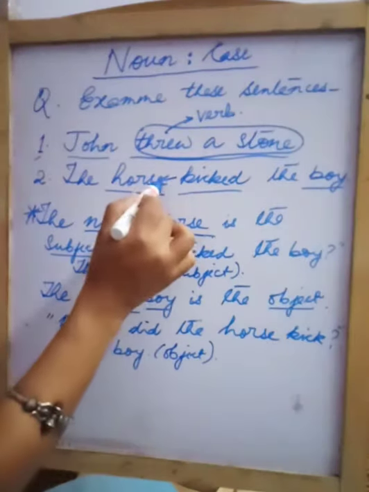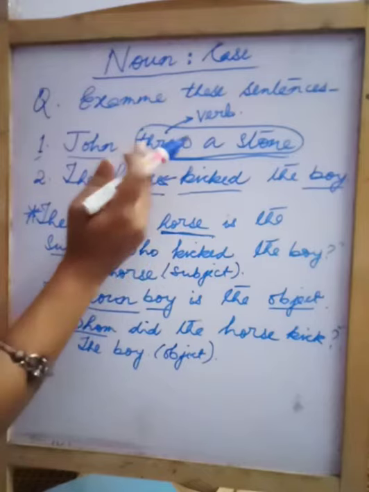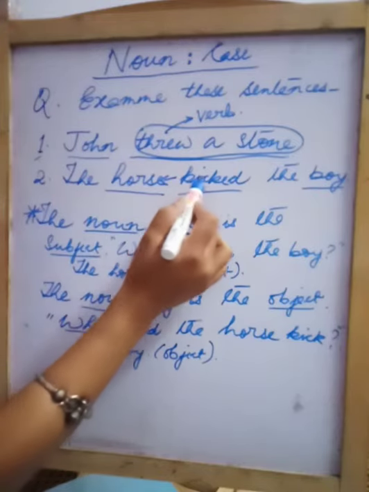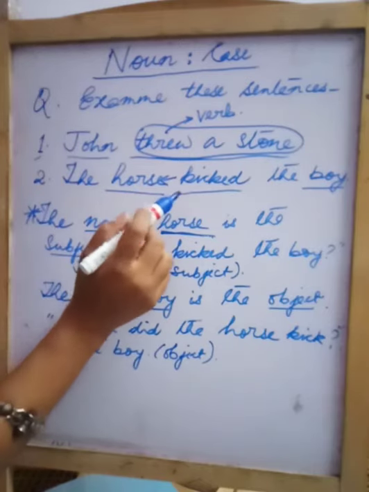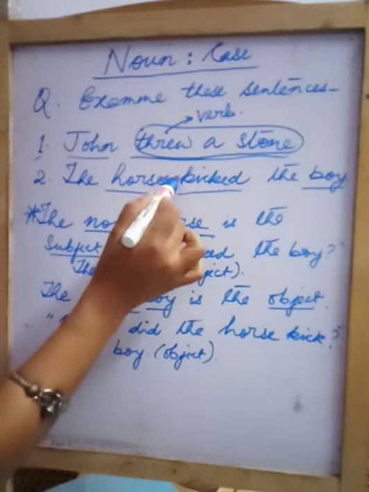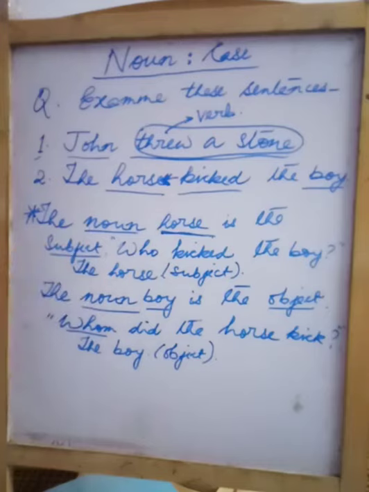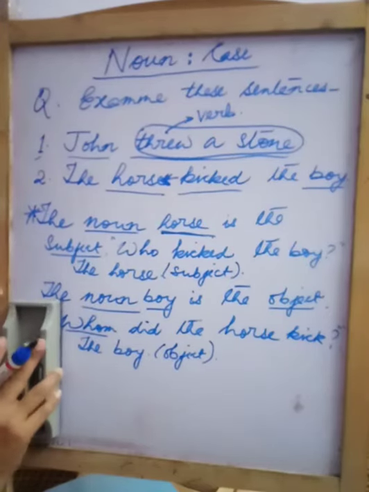Horse is preceding the verb. When the noun or pronoun is the subject of a verb, in such case, it is said to be the nominative case. Okay, let me write it down, then it will be clear.